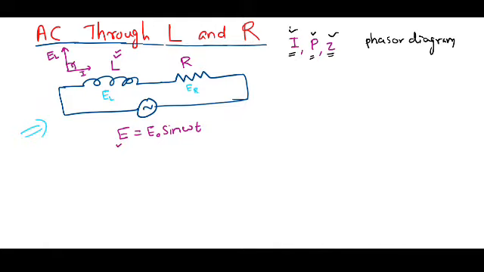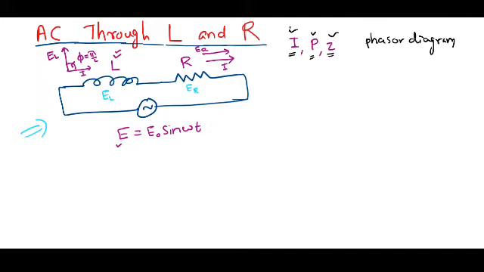This we have already discussed. This is phi equal to pi by 2. The voltage leads, whereas in the phasor diagram of the resistor, both the current and the voltage are along the same direction. There is no phase difference between the voltage and the current.